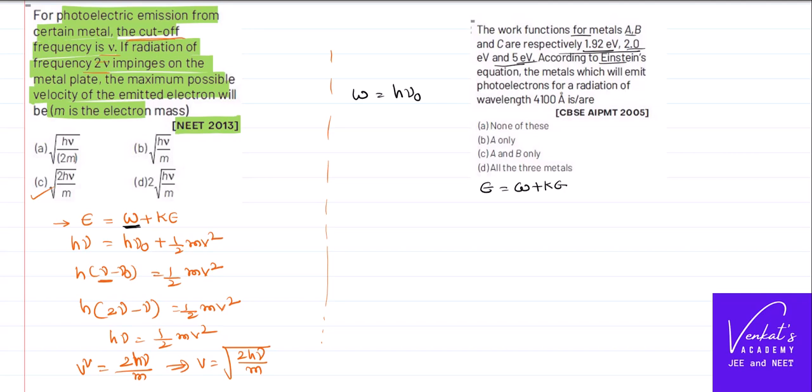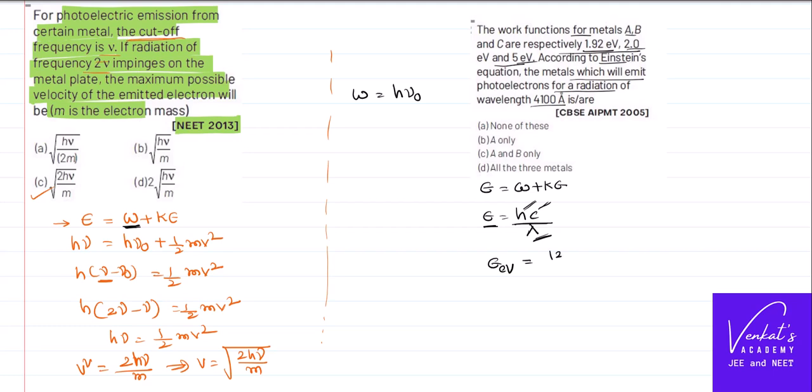According to Einstein's photoelectric equation, which metals can show the photoelectric effect with an incident wavelength of 4100 angstrom? Energy equals h nu, that equals hc by lambda. If you substitute Planck's constant, c and lambda, and lambda is in meters, you will get energy in electron volts.